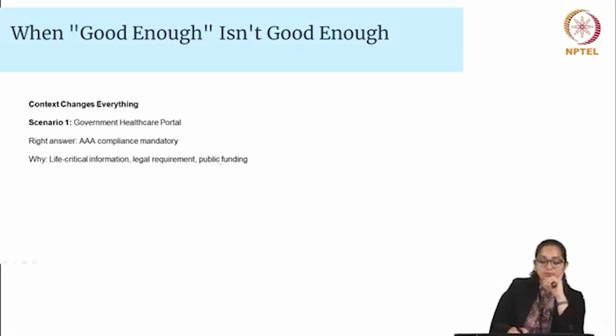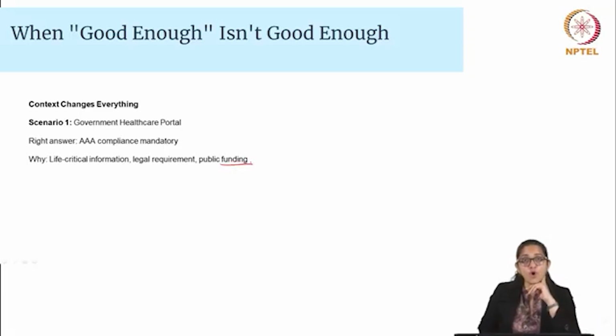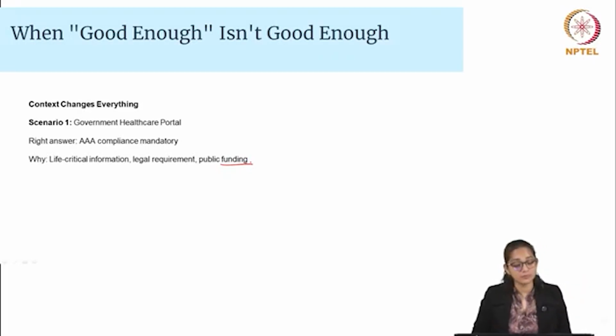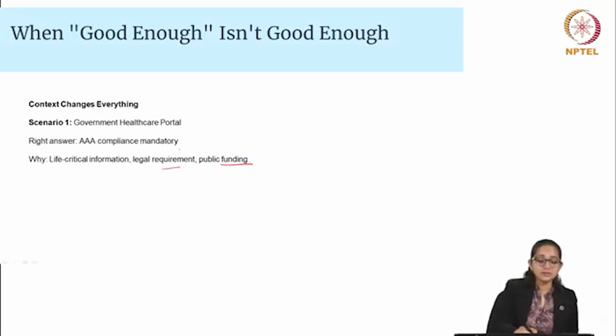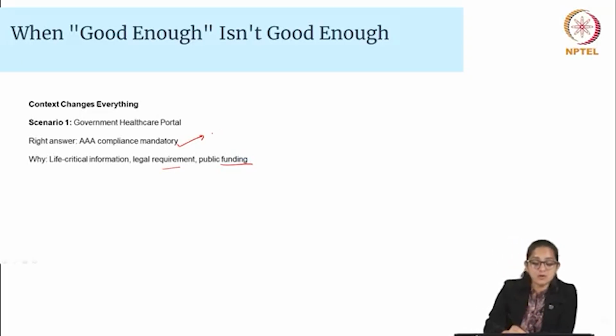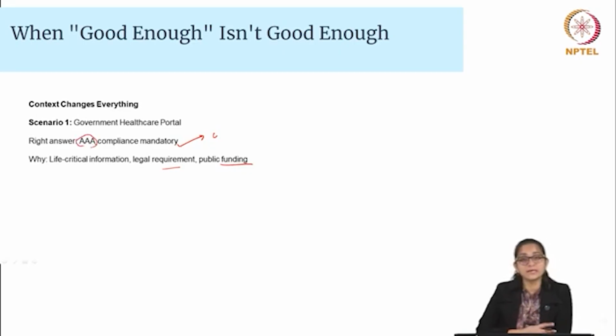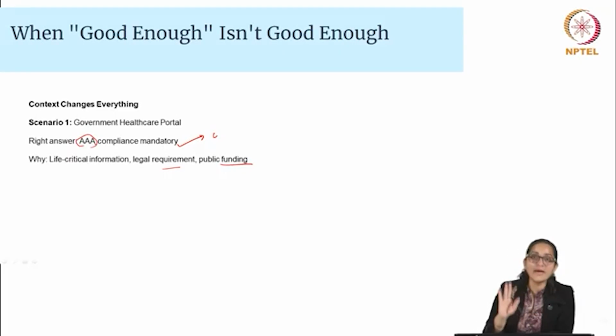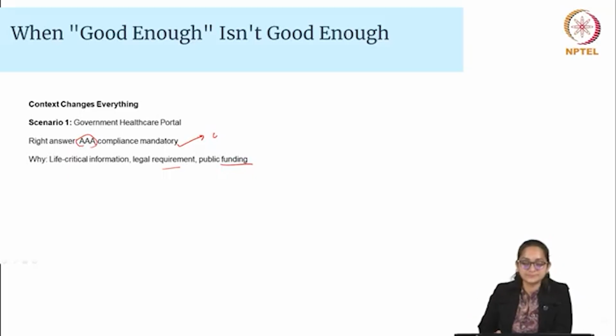There is public funding, so 2x costs or 2x time may be something the government is okay with providing. Also, it's a legal requirement wherever the product has critical health information, life critical information. It should be AAA compliant. That means no barriers for anybody.